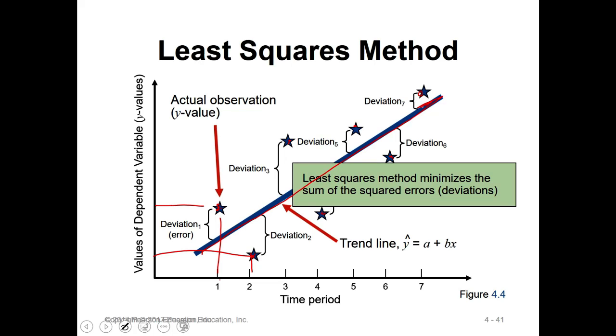The reason we call it least square is that we try to minimize all of the deviations. This is the error: the real number is over here, but the prediction gives you a point over here. For the next point, at year 2, the real data is at this location, but the prediction gives you the point over here.